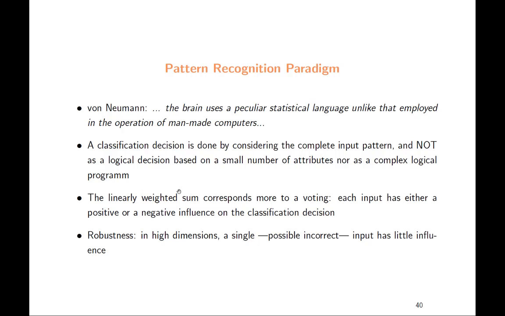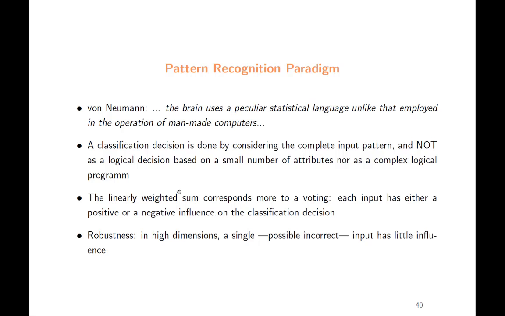So von Neumann put it in this way: the brain uses a peculiar statistical language, unlike that employed in operation of man-made computers. And a classification problem or machine learning typically looks at a high-dimensional input vector and doesn't do logical decisions based on them. It trains a classifier.